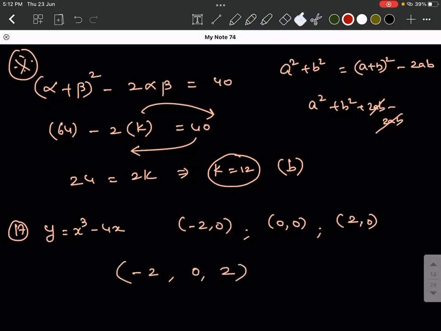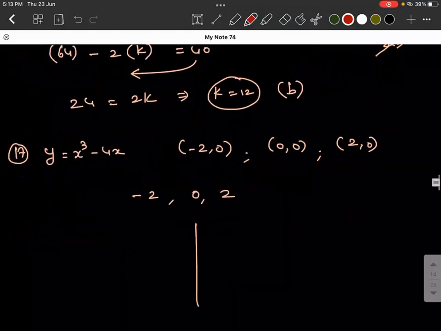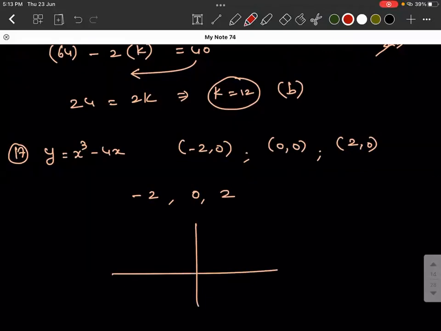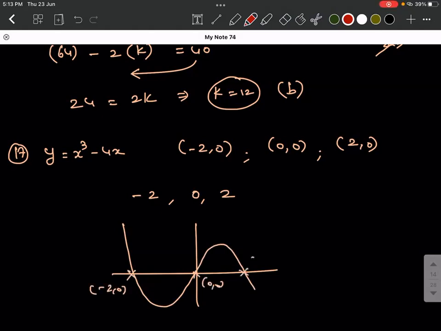So they are the zeros of this polynomial. There is a curve like this, which is cutting the x-axis at minus 2 comma 0, 0 comma 0, and this is 2 comma 0. Is that clear?